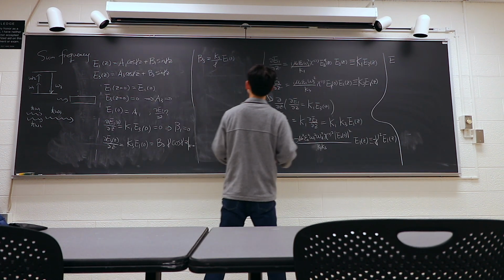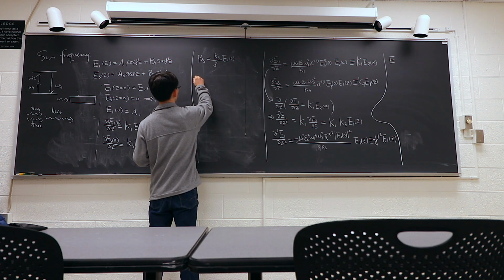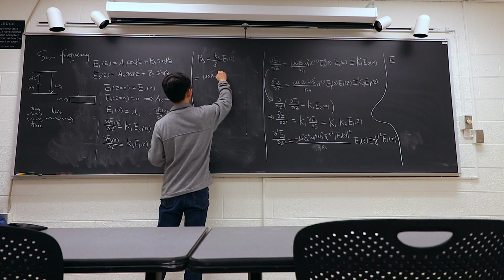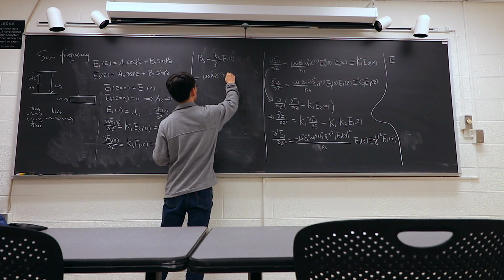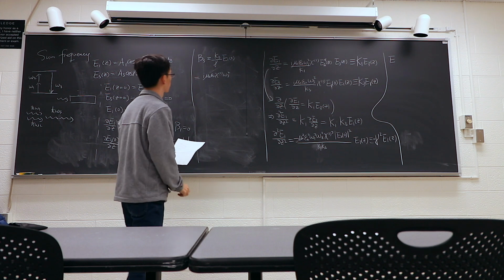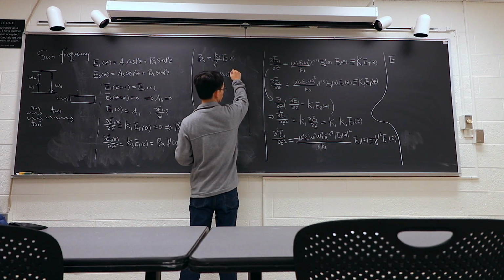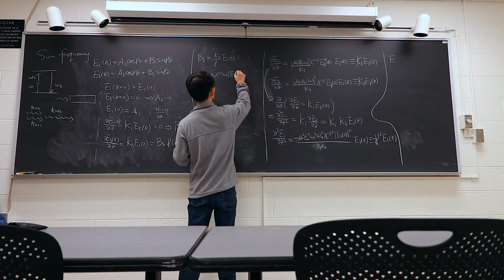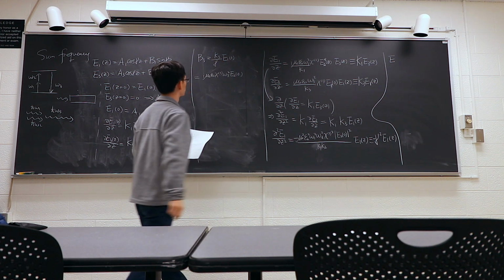So now let's write it down. Okay, K3 is I. E2, 0. Okay, this is K3.